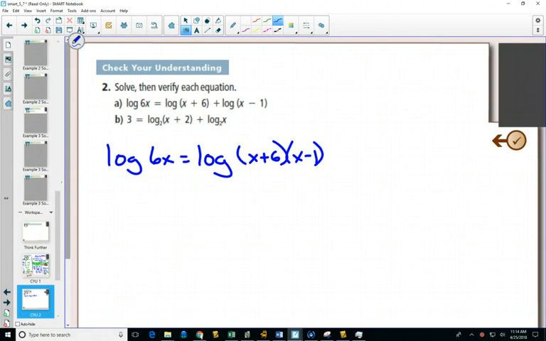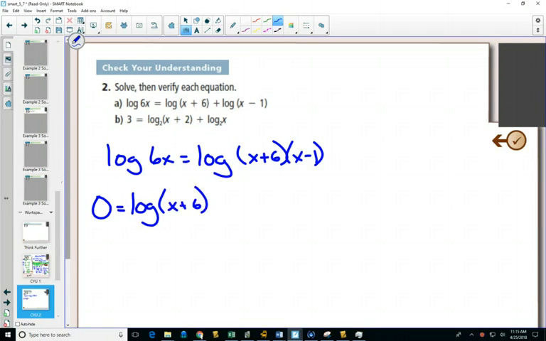So I've combined the right-hand side to a single logarithm, but I still don't have a single logarithm altogether. If I want to get a single logarithm altogether, the only way I can combine logarithms is if they're on the same side of the equation. So I'm going to subtract the log 6x over to the other side. If I do that, does it make sense?